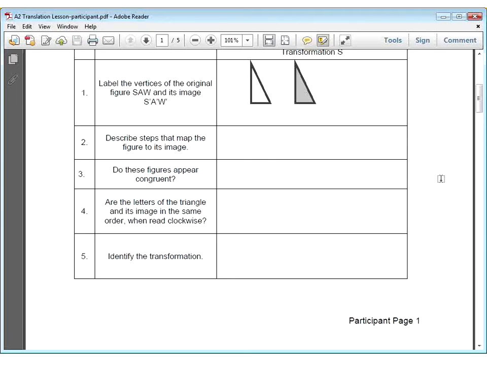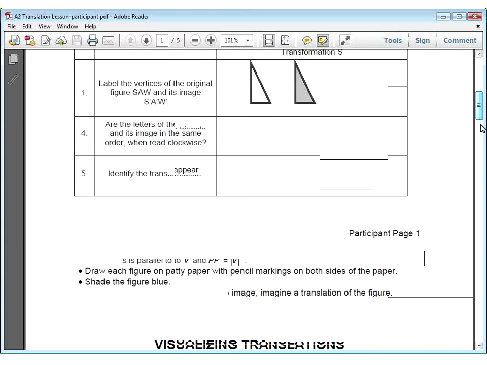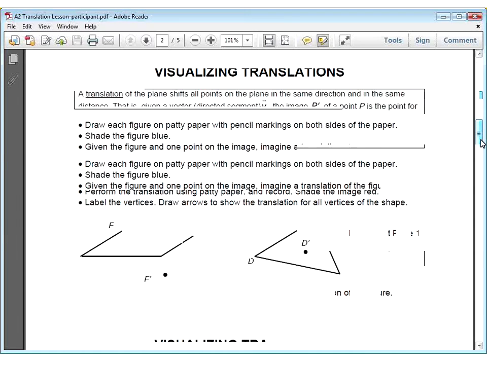And then the lower corner, the right angle corner, should have the same letter as the other right angle corner, and so on. If they're read in the same order, if they follow the same order, then your orientation is the same. That's where the orientation vocabulary word comes from. And the transformation is called a translation, which we knew from the whole thing.